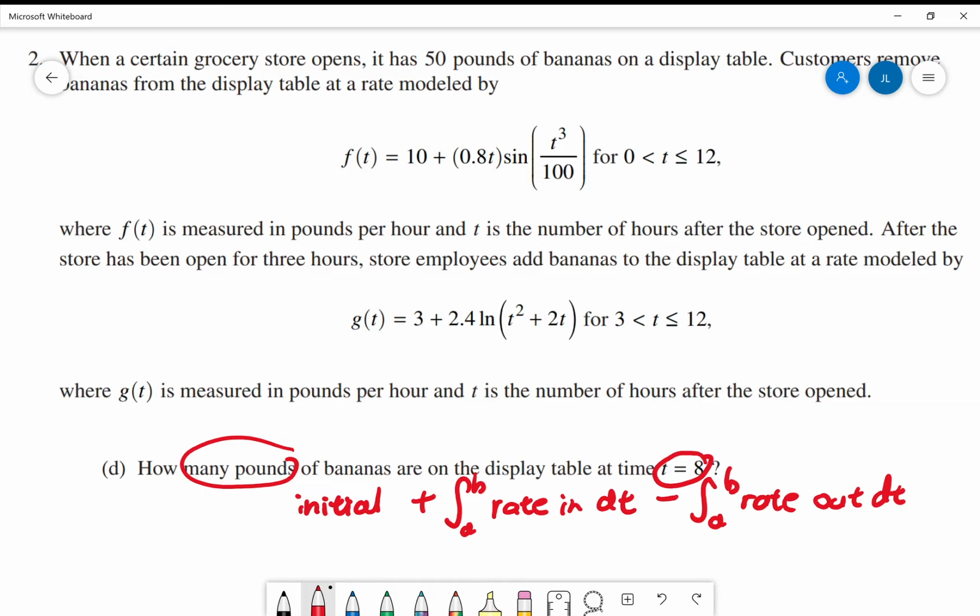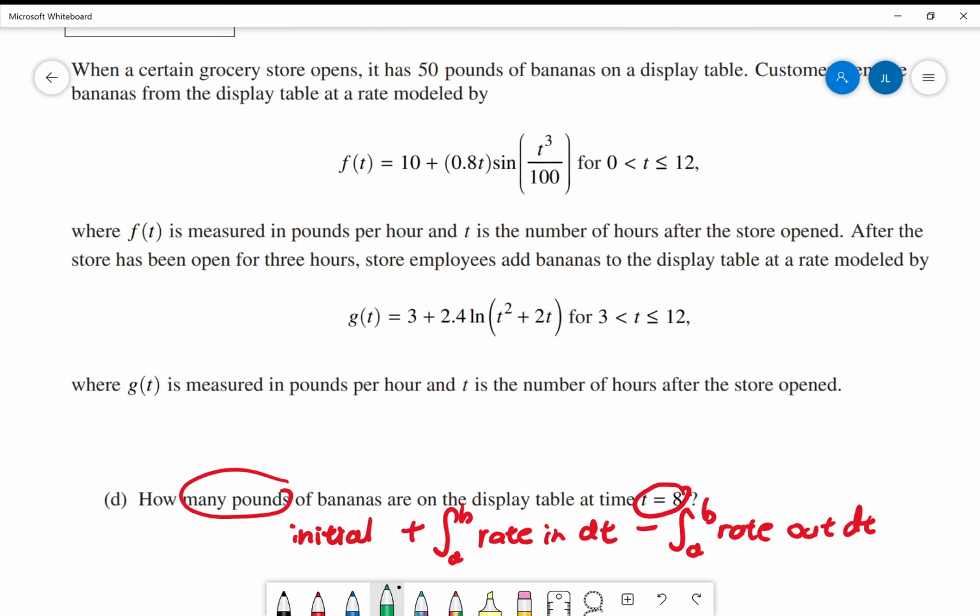Right? This setup would always give you the final amount of something. Now, the something could be toilet paper, it could be oil, it could be water accumulating in a tank. The situations will be different, but the setup will always be pretty much the same.